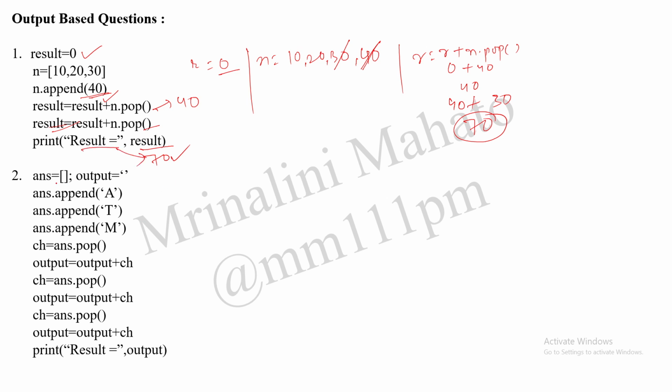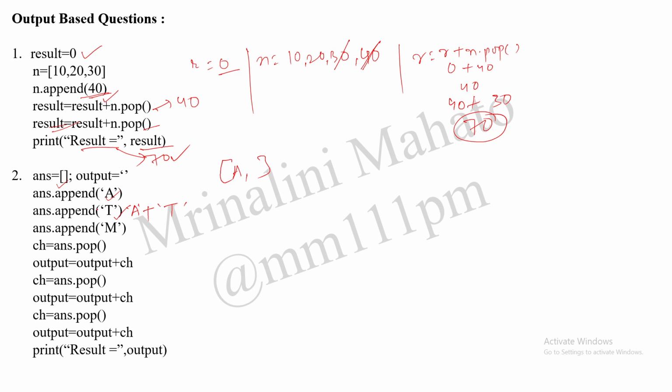Now ans equal to empty square brackets is given, and then output equal to a blank string is written. Now ans dot append. So in the empty list, what are we doing? Empty list means in the empty stack, we are just adding data. Ans dot append A. So A is inserted first, then again ans dot append T. So now A is there, plus T we are adding.